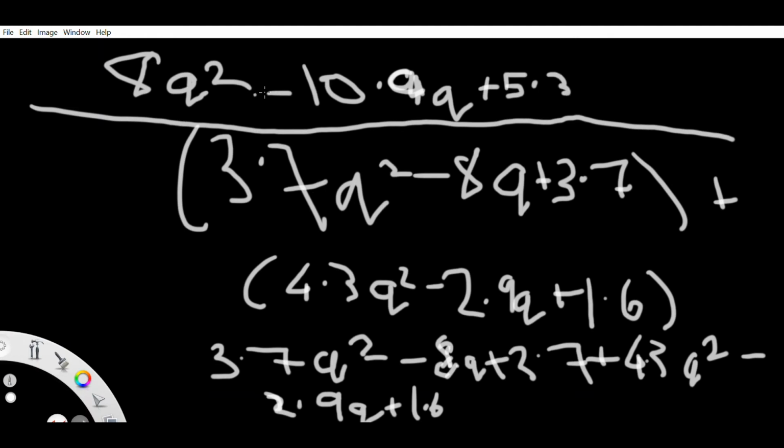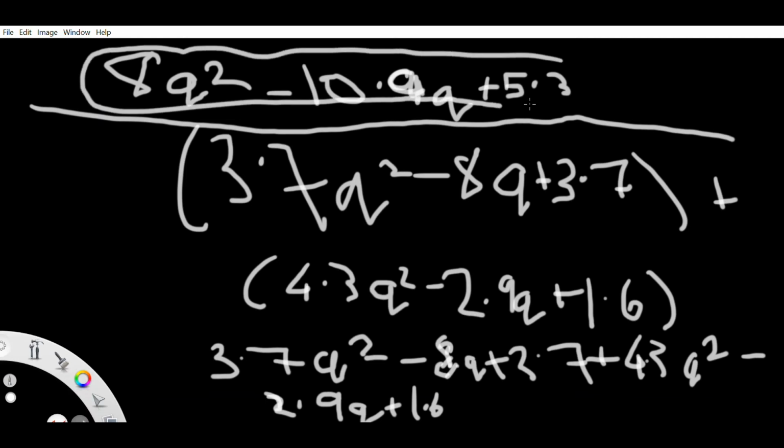So 8q squared minus 10.9q plus 5.3 would be our solution. And since all of these are unlike terms, this is completely simplified.